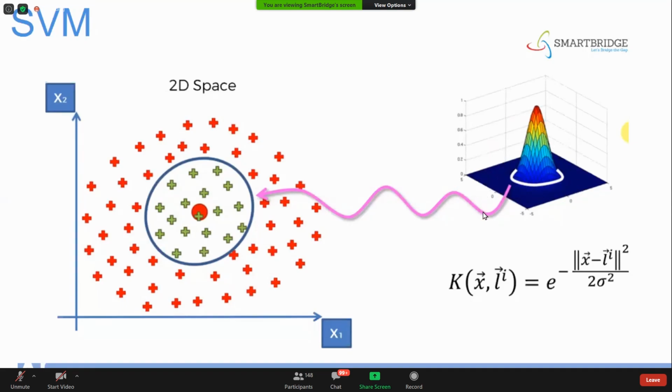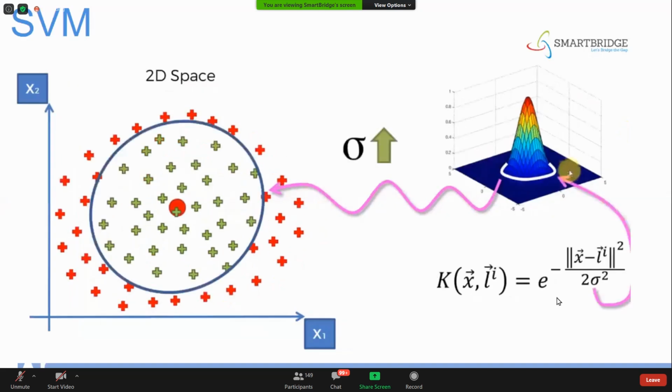This circle is purely based on this sigma. Sigma is nothing but the standard deviation. I have already discussed standard deviation in the last few classes. You have to choose this sigma in such a way that the circle is drawn properly.